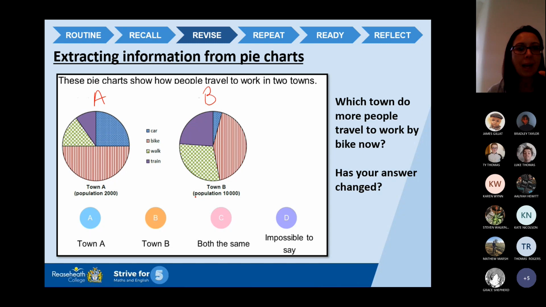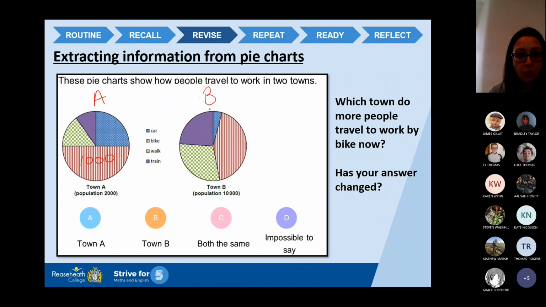Because how many that pie chart is out of is really, really important. Here, this is just 2,000, which means half of the pie chart is going to be worth 1,000. Earlier we said, well, obviously it's a smaller portion, but how could we possibly say when we didn't know how many the pie chart was out of?